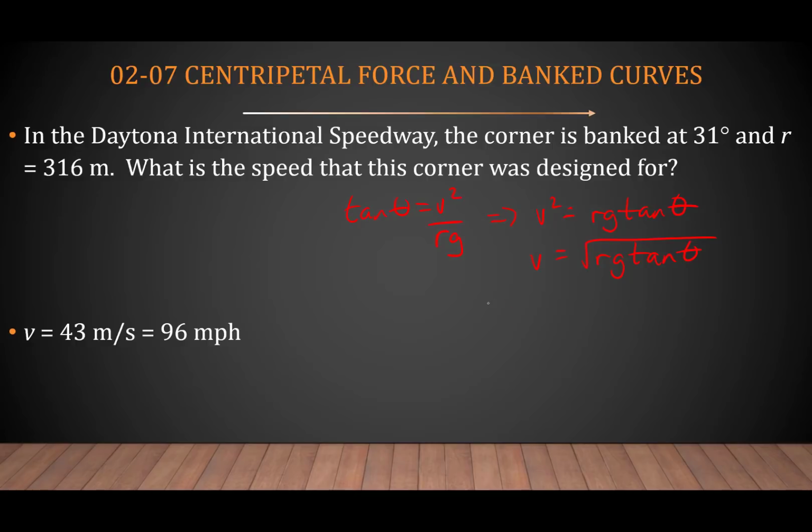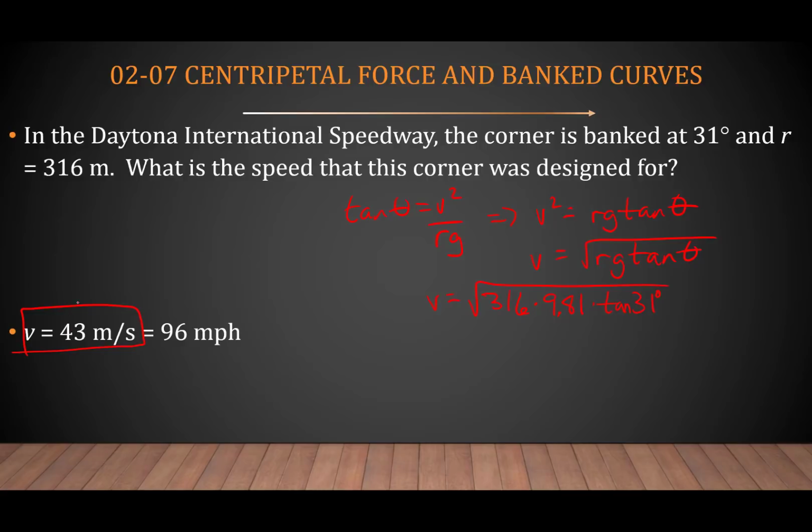So let's plug in our numbers. V equals the square root of r, which is 316 meters, times 9.81 meters per second squared, times tan of 31 degrees. And we plug that into a calculator, we get 43 meters per second.